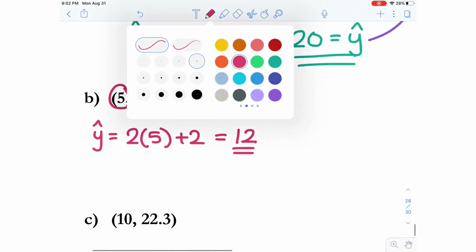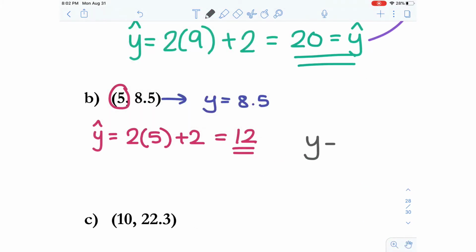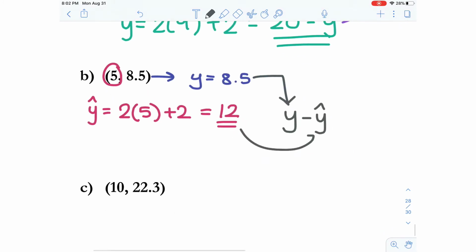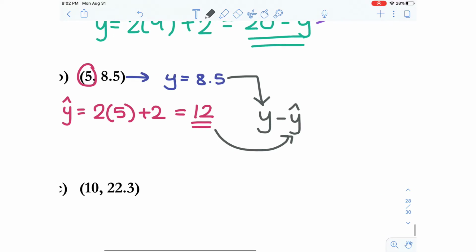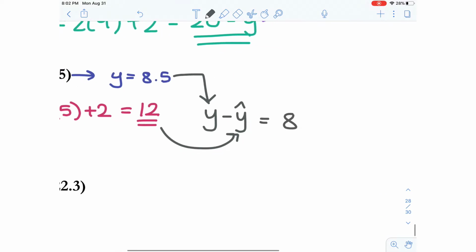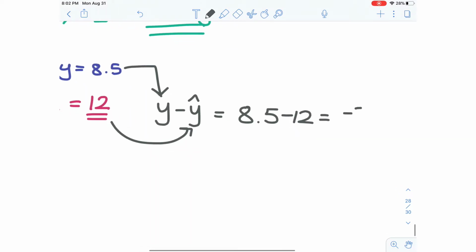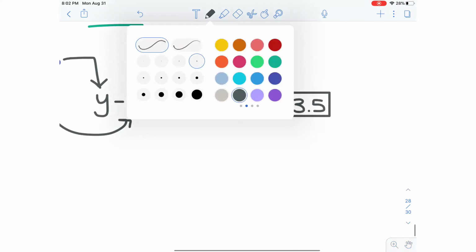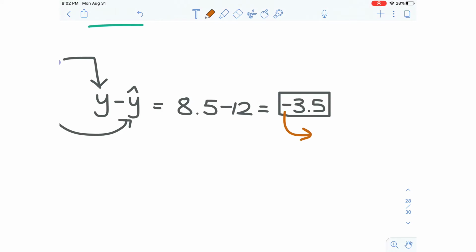Now I do my residual formula, which is y minus y hat. The y is the actual data, 8.5, minus 12, the y hat value. So we get negative 3.5. Since this number is negative, it is below average, or below the line.